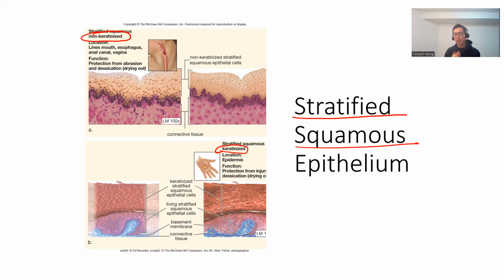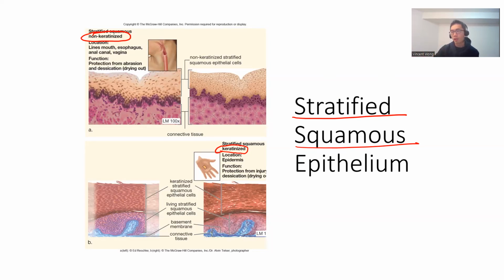and inside the body, like for example in your mouth and your esophagus, there are also stratified squamous, because we put all sorts of stuff into our mouth and we swallow them, right? Like hot stuff, cold stuff, spicy stuff, things that have a high pH, low pH, salty stuff.